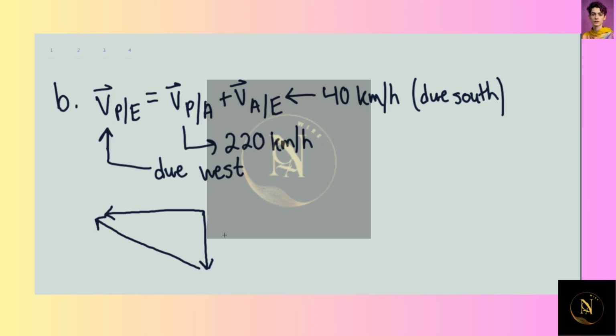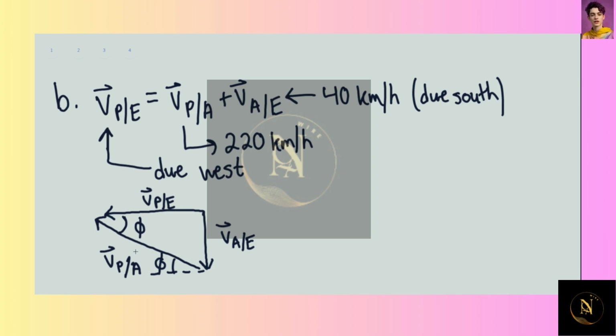This right here would be the velocity of the air relative to the Earth, due south. Due west would be the velocity of the plane relative to the Earth, and the velocity of the plane relative to the air would be at an angle. We're going to choose that this angle right here is phi, and by the alternate interior angle theorem, this would also be phi as well.